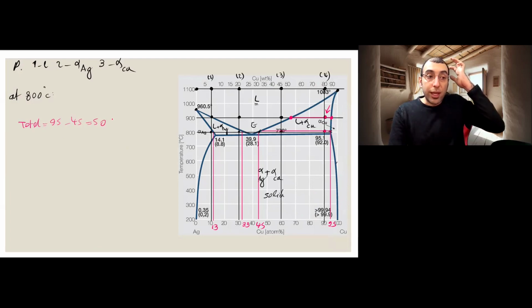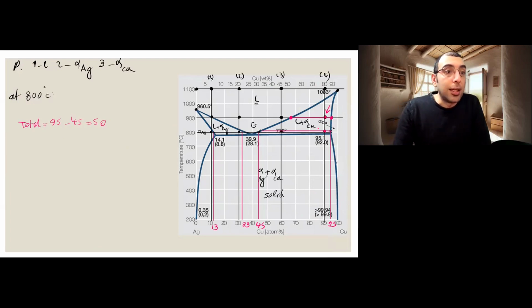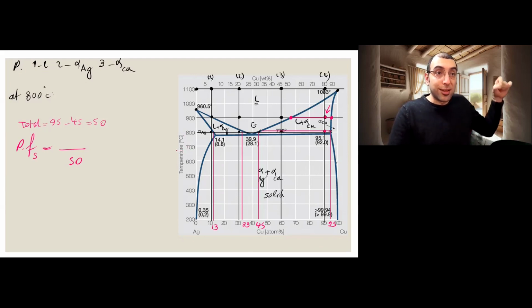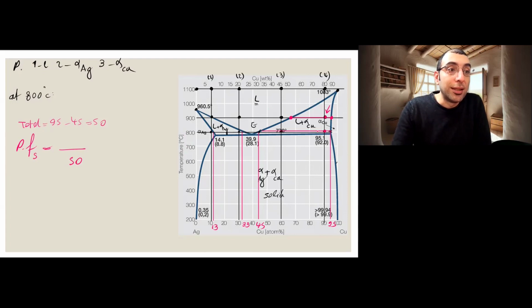Now for the phase fraction of solid, the total amount is 50. Now the amount of solid, you go horizontally until it hits the solidus line, the liquidus line. So for phase fraction of solid, this is the amount of solid that we have.